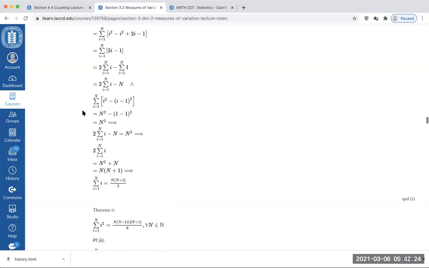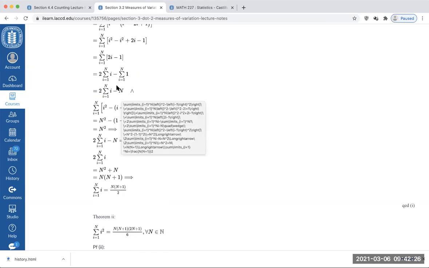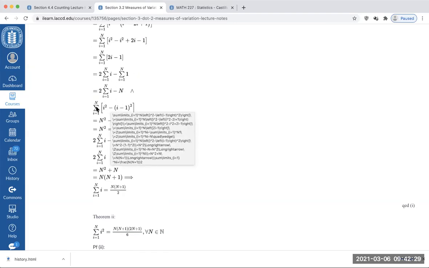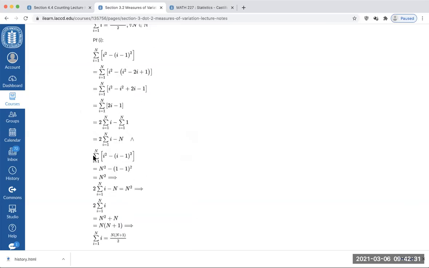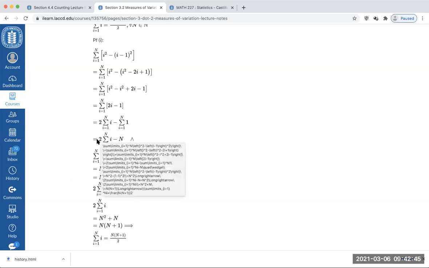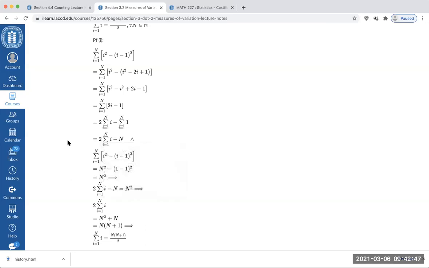And so since these are the same, I just expanded them using one special product formula and compared to the lemma that I have from above, then these two must be equal. So the 2 sum of i minus n must equal n squared.